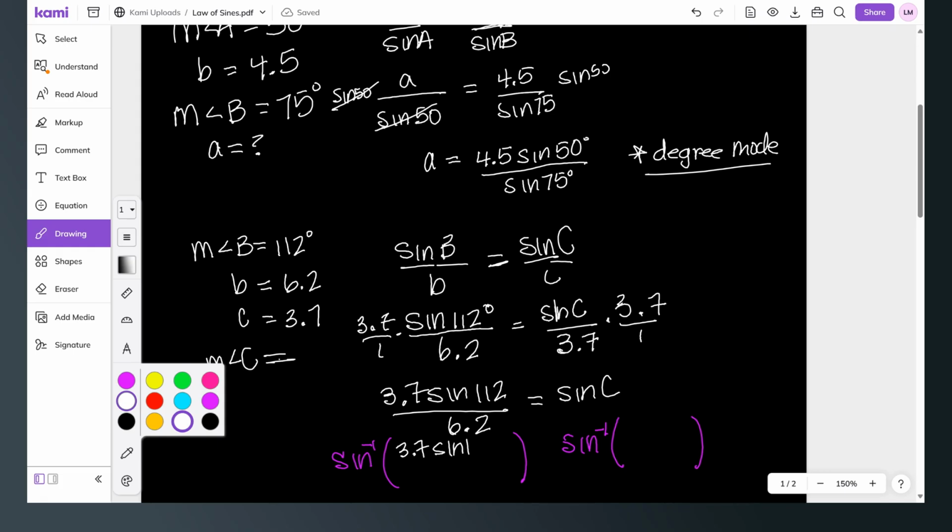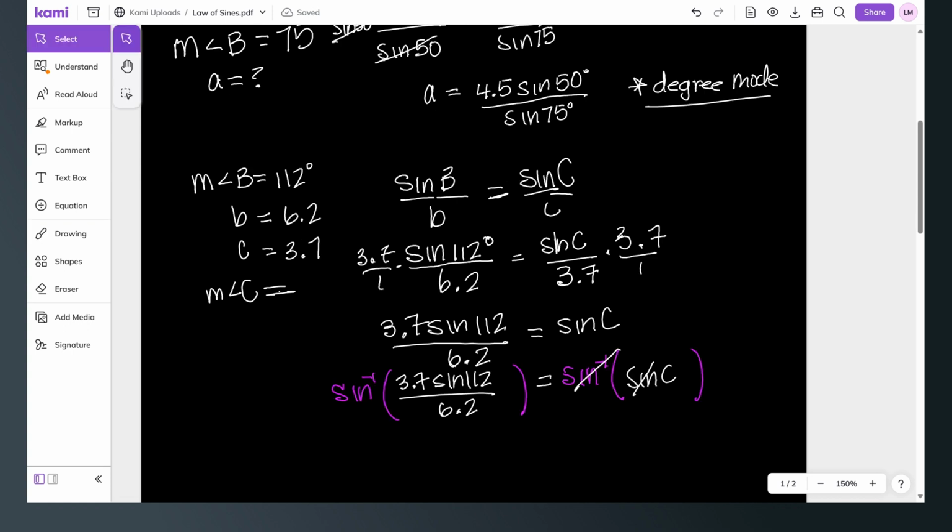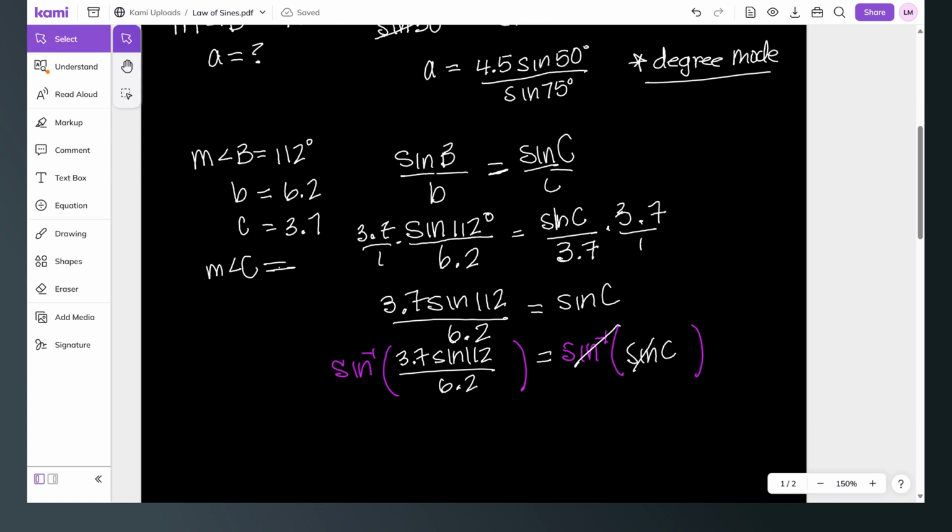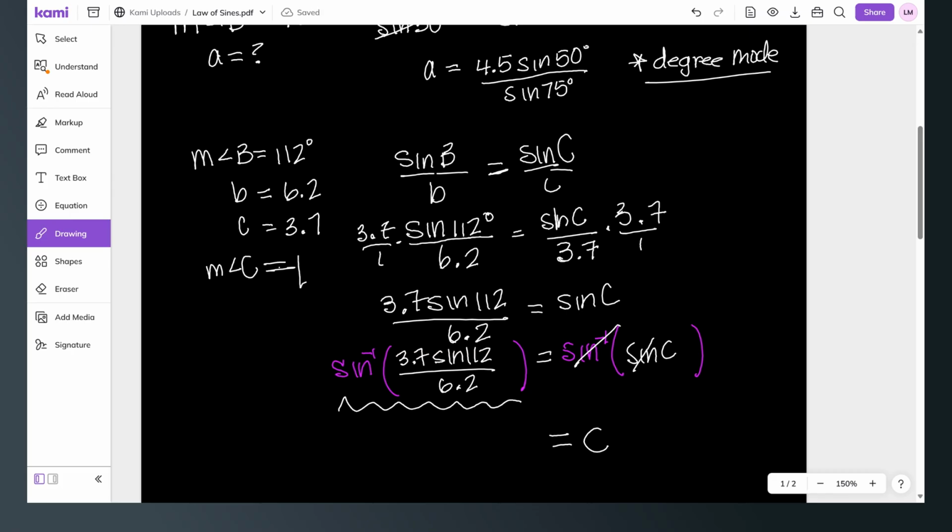Now I can use my calculator, making sure I'm in degree mode, and use second sine. These cancel out. Throw that on your calculator, and that's going to give you the measure of angle C, and I've answered the question they've asked.